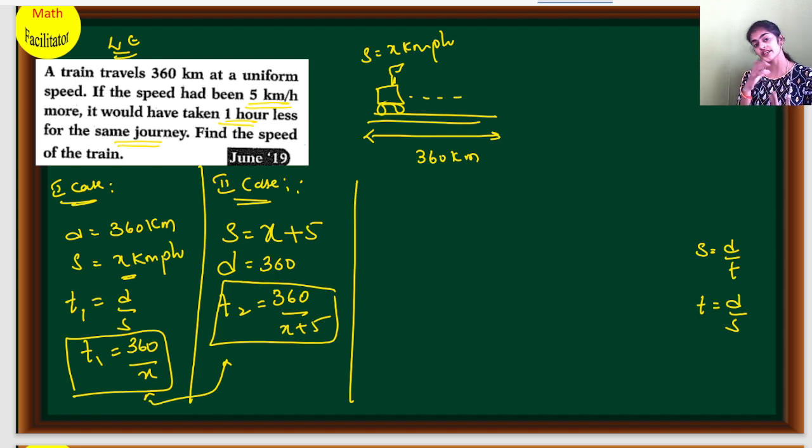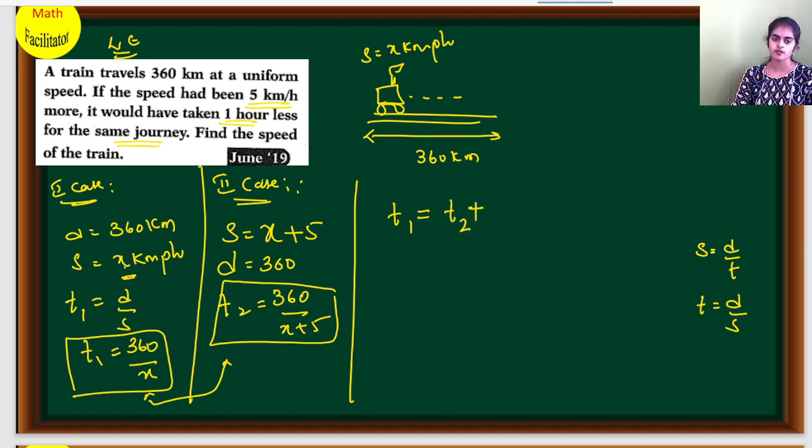If I am going with 100 kilometer per hour speed, I'll take very less time, isn't it? So if speed is more, time is less. If speed is less, time is more. Inverse ratio. So here this speed is less, so this time will be more. This is a greater time. So greater time, I'll write it as equal to lesser time. T2 is less than T1.